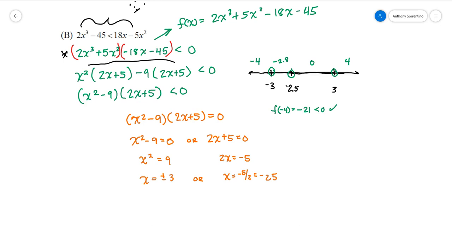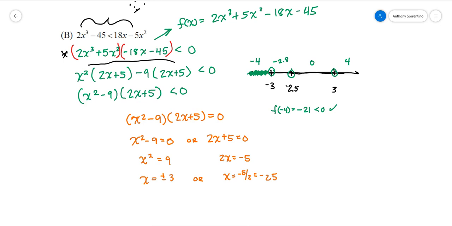So this one checks out. It's less than 0, so that means I'm going to shade that part of the number line in. Numbers from this subinterval are going to make f of x be negative, which means it's also going to make my original inequality true.